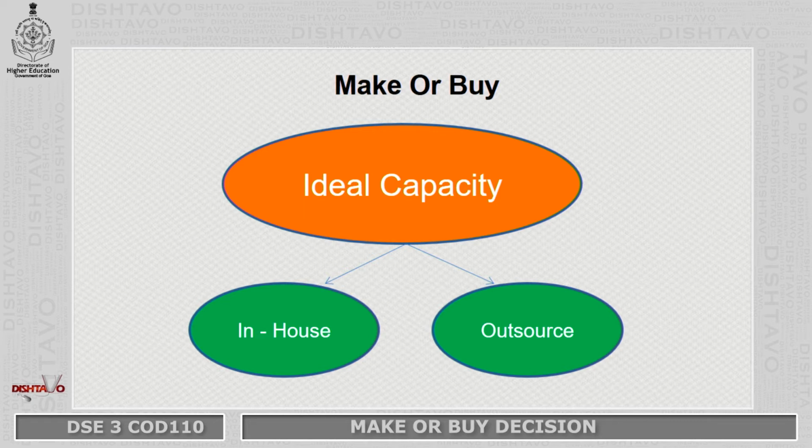Their core product may be the operating system, the Apple operating system. At the same time they find that there is certain idle capacity, maybe in-house resources are available which are idle, not utilized. In that case they can make a decision whether to manufacture in-house or buy from outside, which is called outsourcing. So basically a make or buy decision is taken when you have certain idle capacity.